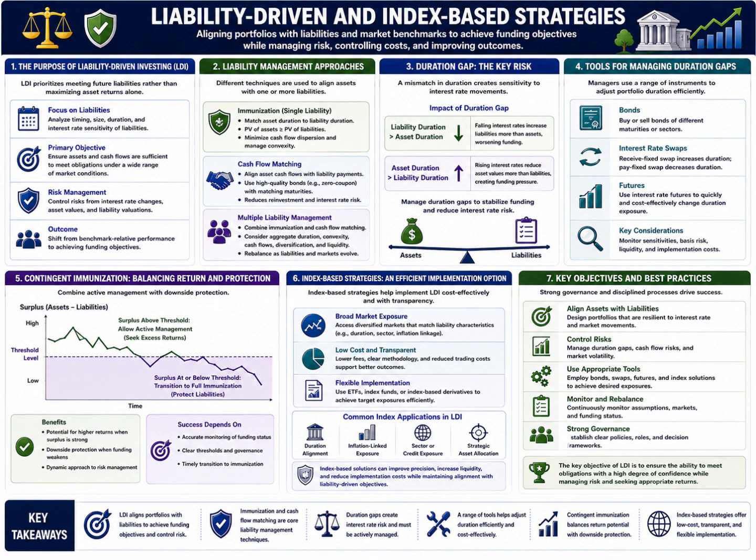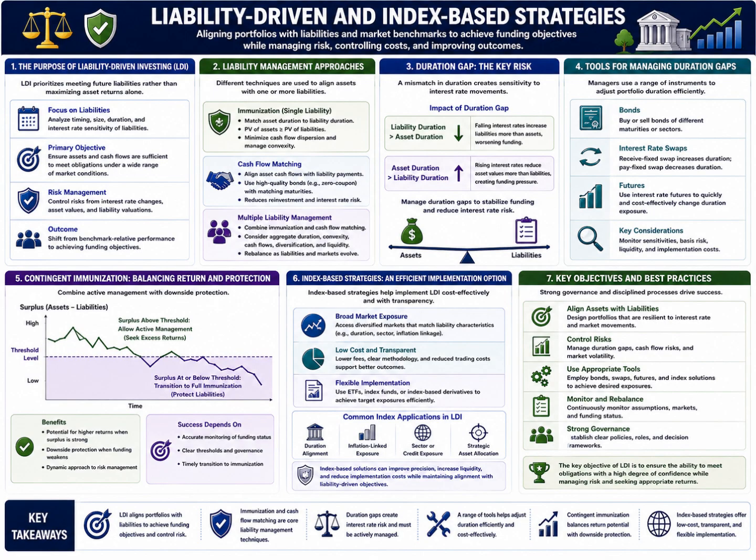Because each liability payment is matched by a corresponding asset cash flow, reinvestment risk and interest rate risk are substantially reduced. Cash flow matching provides a high degree of certainty regarding liability fulfillment, but may require significant capital and can be difficult to implement when liabilities are numerous, irregular, or long-dated. Consequently, this approach is most practical when liabilities are predictable and asset availability allows effective matching of future obligations.